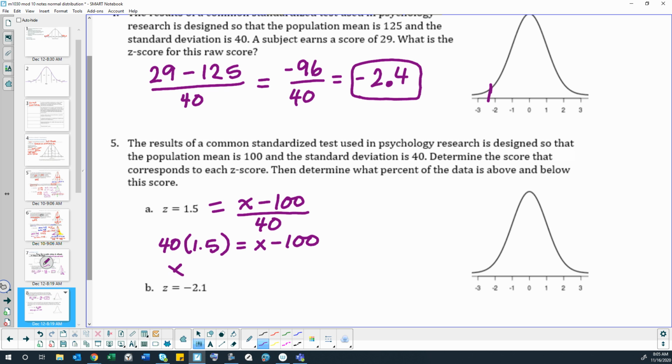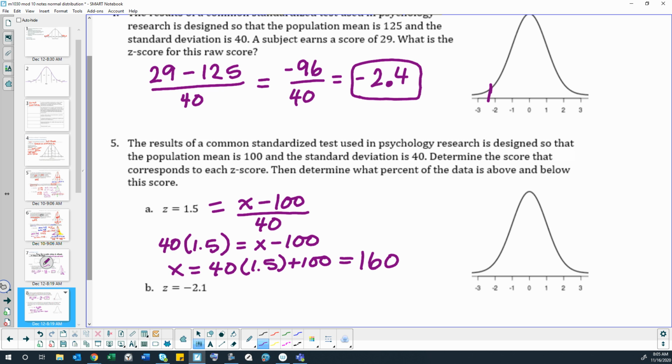So now how do we find that score? We're just taking the formula we just learned and used a couple of times and working backwards, right? Anyone calculate that one for me? $160. Okay.